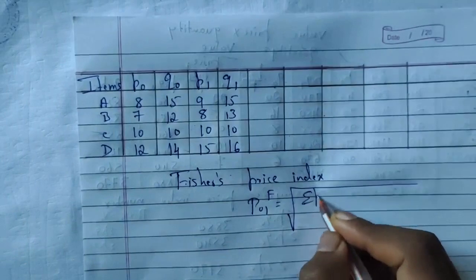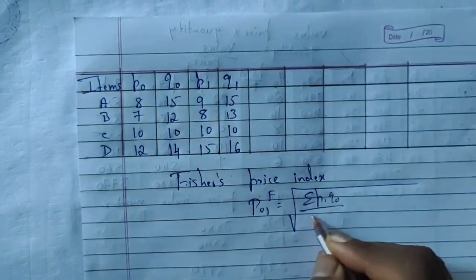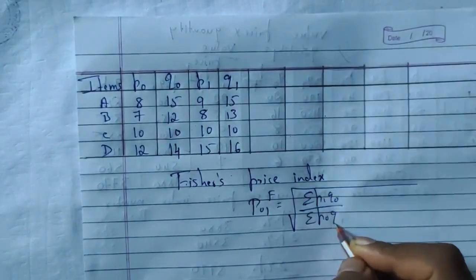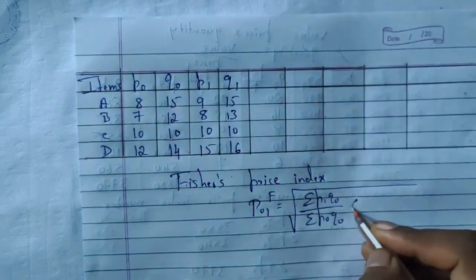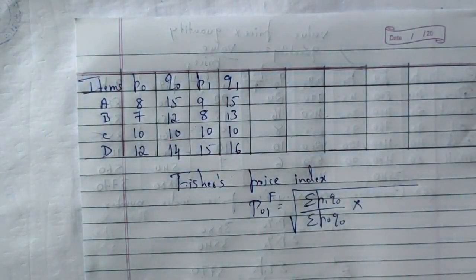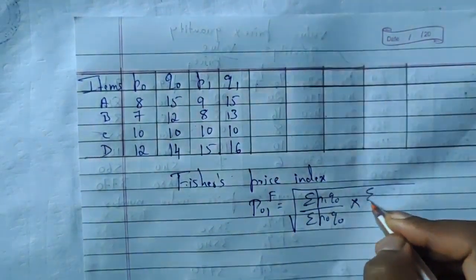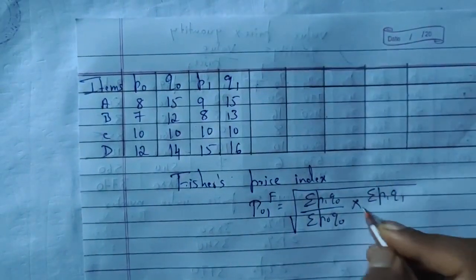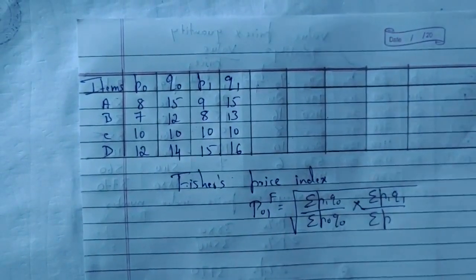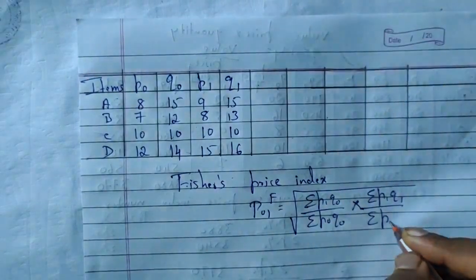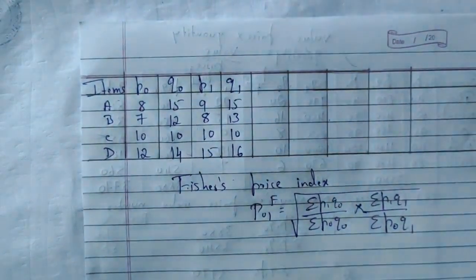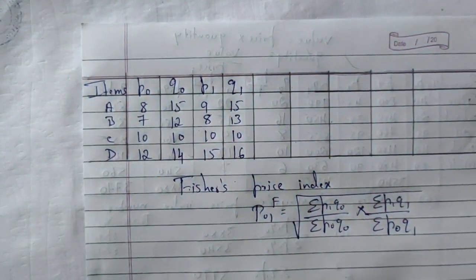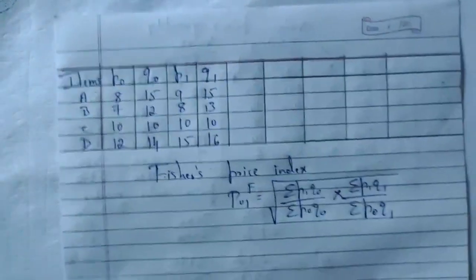That is summation P1 Q naught by summation P naught Q naught, into, it is Laspeyres into Paasche, summation P1 Q1 divided by summation P naught Q1. Okay. So into 100.